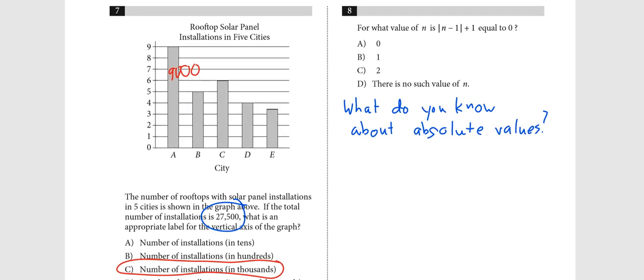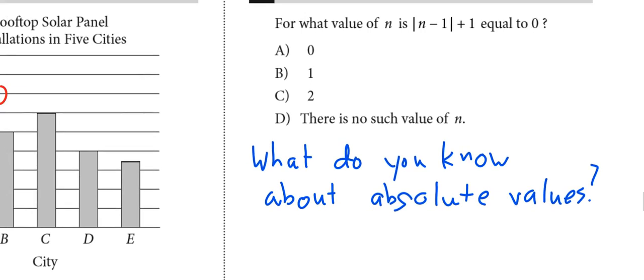What do we know about absolute values? They can't be negative, right? So what is the lowest amount that this thing could be? The lowest amount that thing could possibly be is 0, and you're adding a 1 to it.